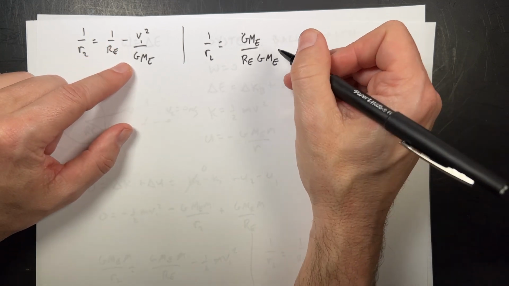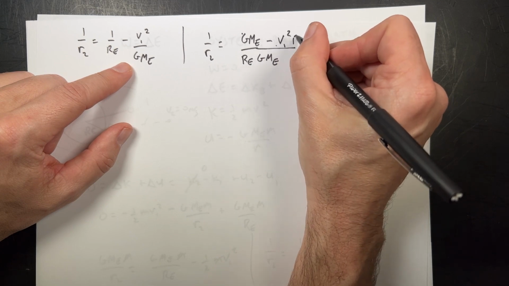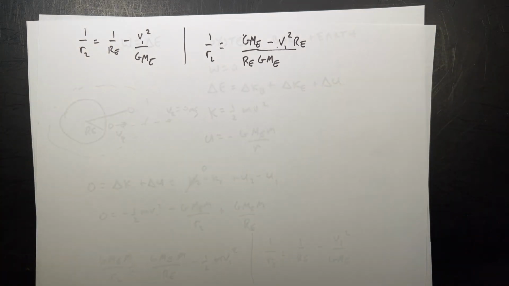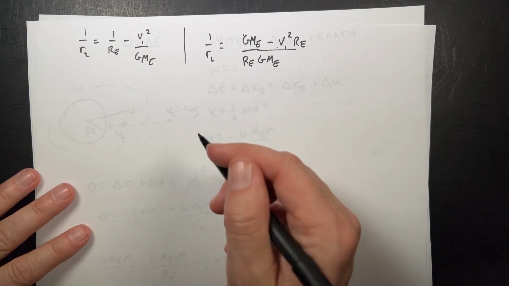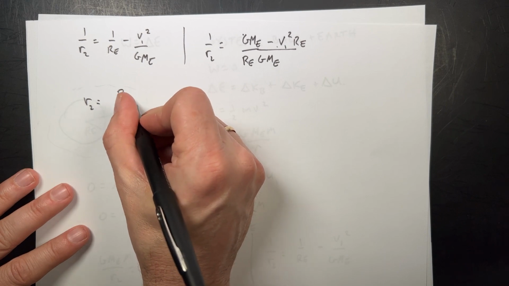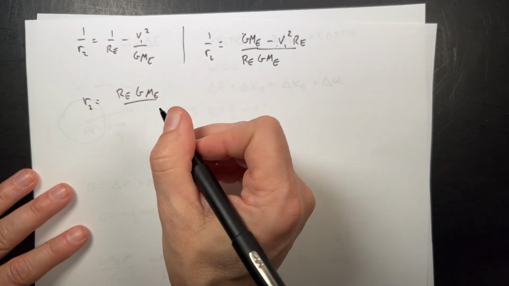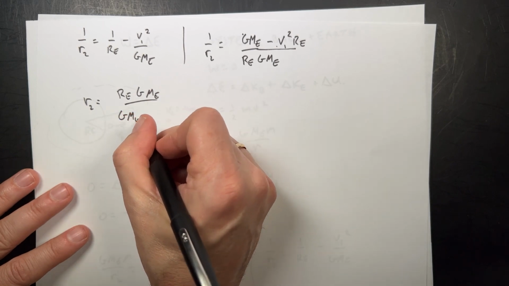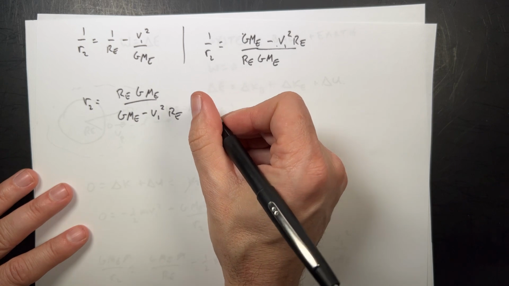I just blanked out there for a second. Minus v1 squared times R_E. Yeah, that's right. And then I can flip that. So now I get R2 is the radius of the Earth times G times M_E over G M_E minus v1 squared R_E. That looks messy, but it's not that bad.